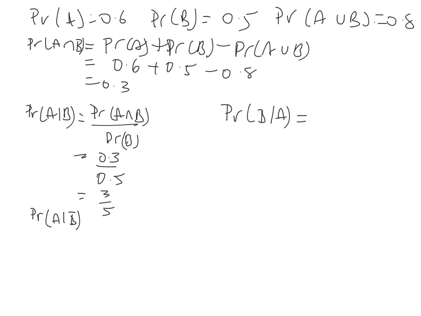Now, if you want to work out the probability of B given A, that is still the probability of A intersecting with B, because we don't have to write it in this order that we've got here.